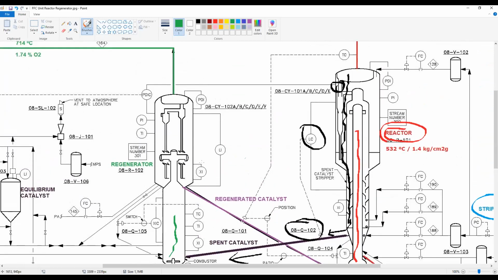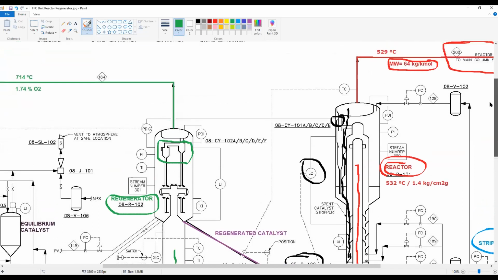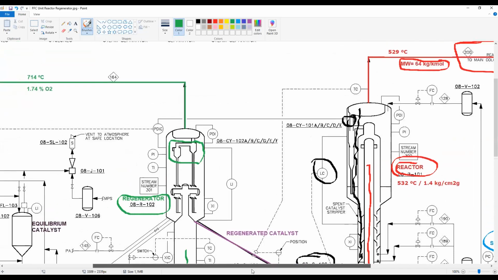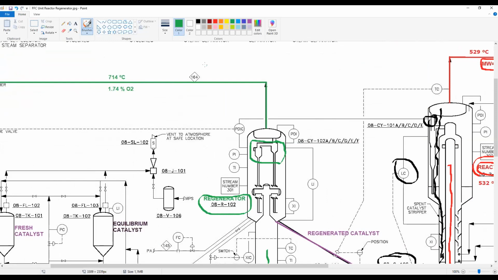Here we have also the cyclones, okay? We show in green here at the top of the regenerator. The idea is to remove catalyst from the flue gases, okay? And at the top of the regenerator, we have the flue gases. That is the stream 164 here.